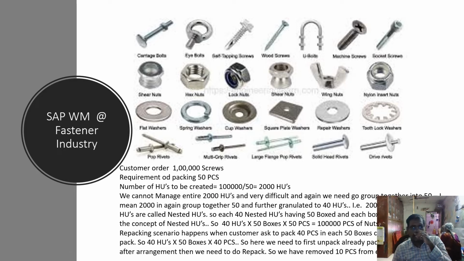So the fastener industry totally works on a make to order scenario. That is important. Actually the production strategy or planning is a make to order scenario, where the requirement from all the sales areas are combined, and against that the production is done.